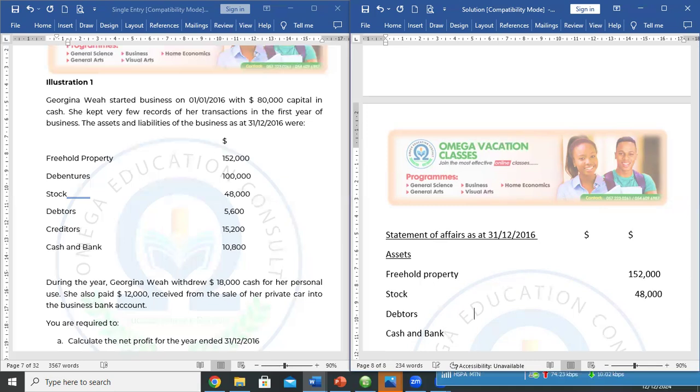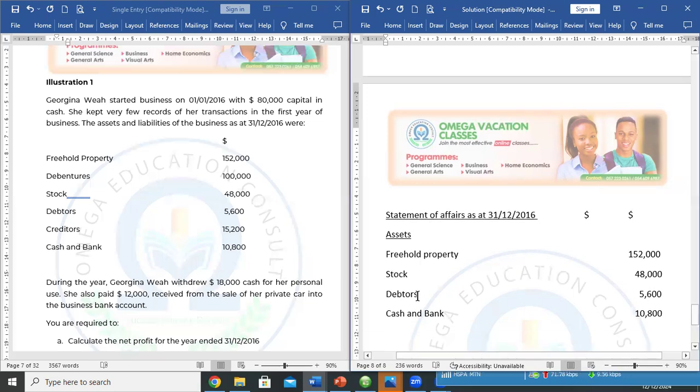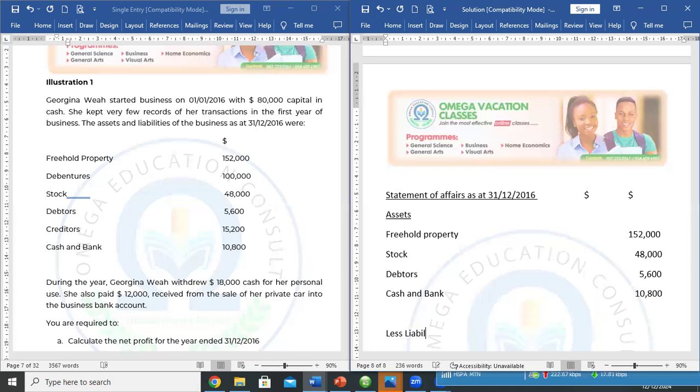Debtors is 5,600, and cash and bank 10,800. Okay, so that's all. So we get a total and then we less the liabilities.